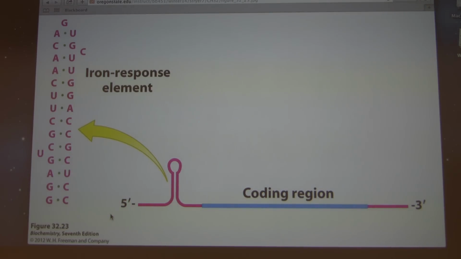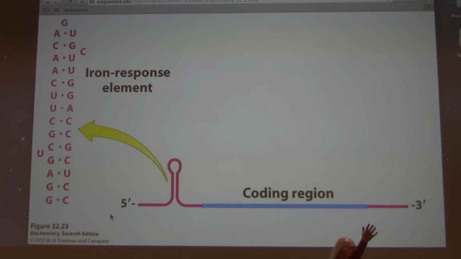Okay? If iron's present, the IRE-BP will bind to iron. If iron is absent, the IRE-BP will bind to this structure. When the IRE-BP is bound to this structure, translation will not occur, because the IRE-BP blocks the ribosome from doing anything. So what does that mean?